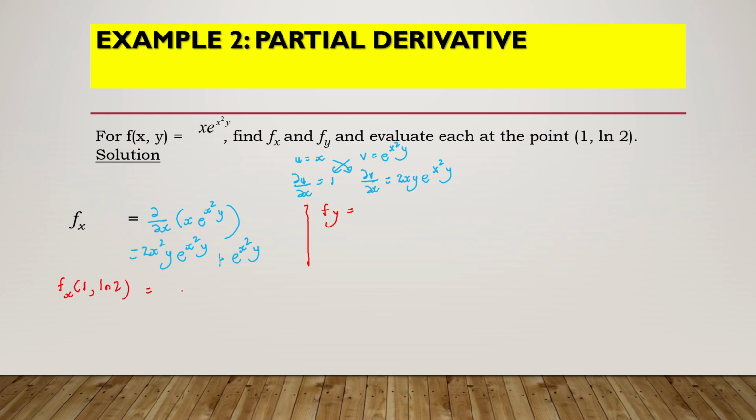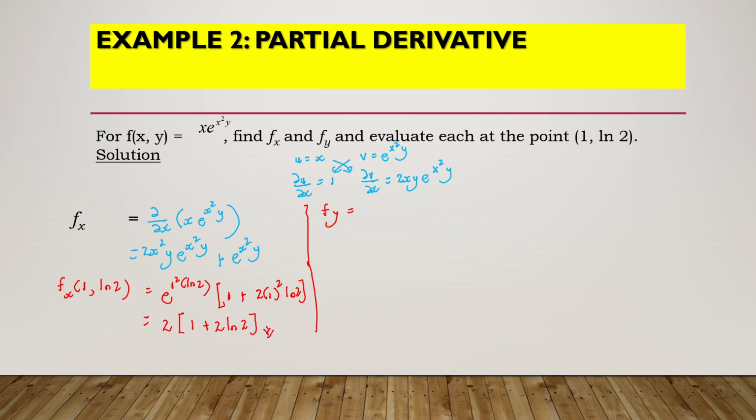I can factor out the common term, where x is 1 and y is ln 2: 1 plus 2 times 1 squared times y, with y as ln 2. Okay, e to the power ln 2 is 2. So that is 2 times (1 plus 2 ln 2).